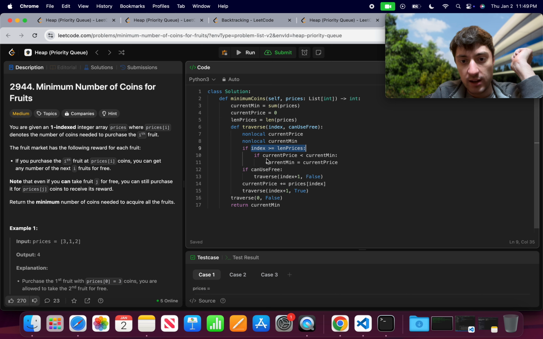It's going to check if current price, which is right now 0, is smaller than current min, which is sum of all of the prices, which, okay, that would also be 0.